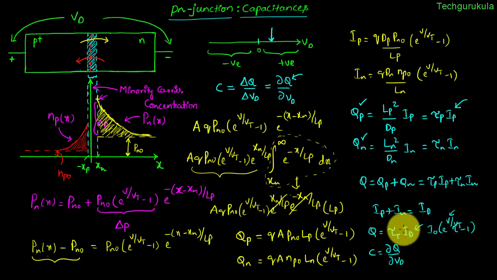If we do that to this q equation, we will get tau t times, if we differentiate I naught times e power v by eta Vt minus 1, I naught times e power v over eta Vt times 1 over eta Vt. And we can say this is approximately equal to the diode current itself.